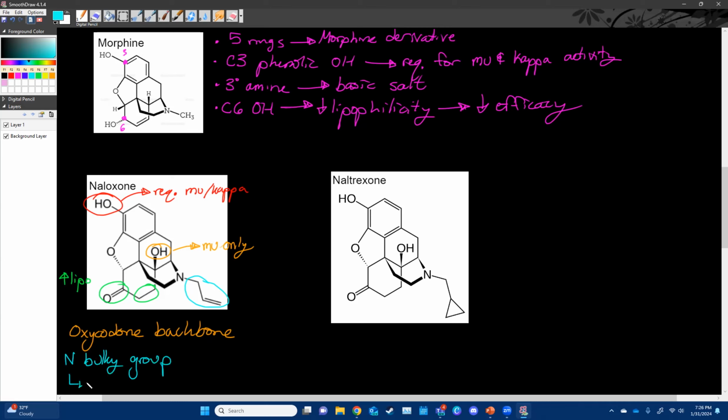By putting a really bulky group on the nitrogen, we block its ability to activate the receptor. So naloxone is utilizing this propene group, whereas naltrexone is using this cyclopropyl group.